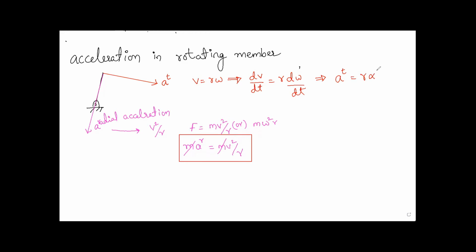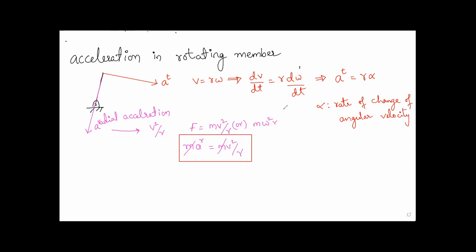Alpha is the rate of change of angular velocity, right? Rate of change of angular velocity is alpha.